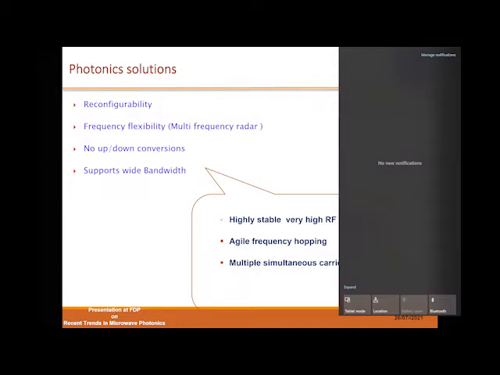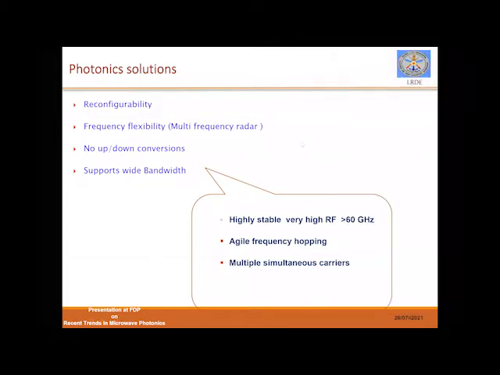So just by varying the front end portion, you will be in a position to have multi-band frequency radars. That means, for example, if I operate in one frequency, the radar capabilities are, say, C1. If I operate in X band, its capability will be C2. So depending upon the application, I can have multi-band operational radars, and no need of up and down conversions.